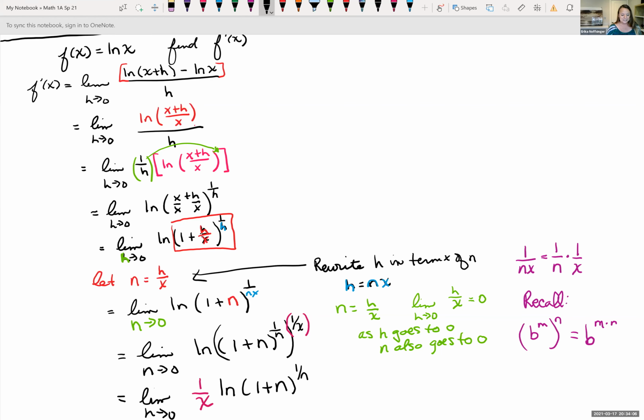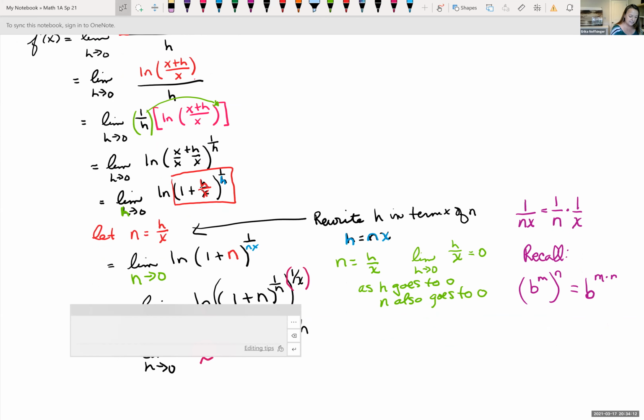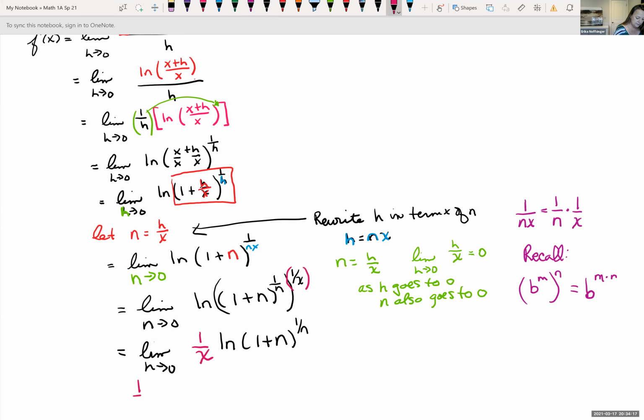Okay, rules of limits. 1 over x does not have n in it, so we can technically bring that 1 over x in front of the limit. And then the other thing I was going to say, rules of limits: we have a composition of functions, and the natural log is the outer function, while 1 plus n raised to the 1 over n is our inner function.